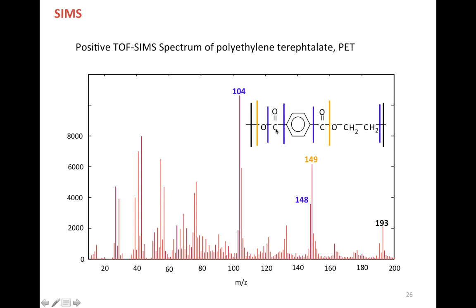This is 12 and 16 is 28, so it must be somewhere here. And then this is 72 plus 6 is 78, so must be somewhere here. 78 plus 28 is 106, so 104. So these are the different fragments. You can find them in the secondary ion spectrum with this technique.